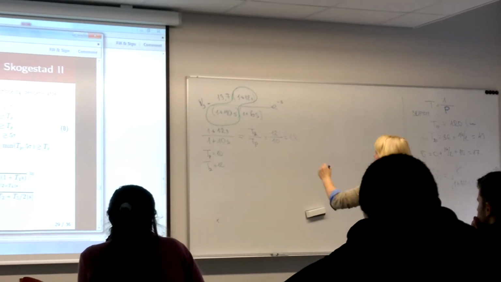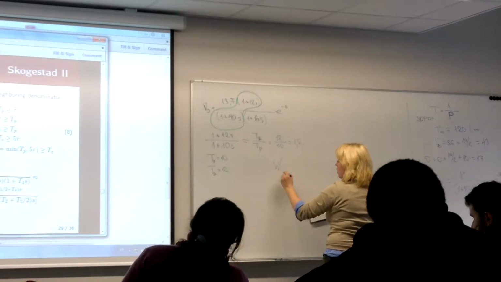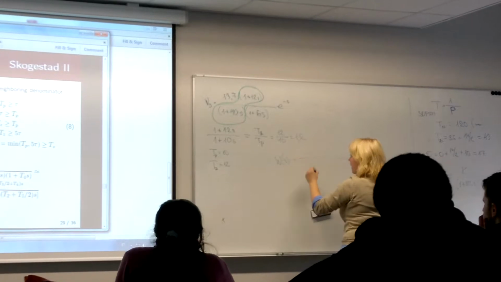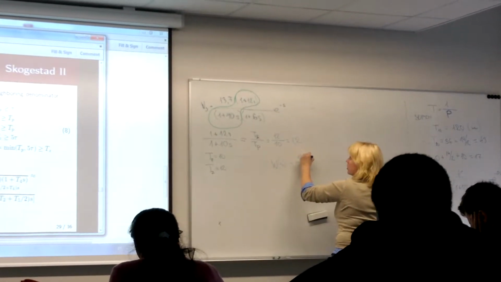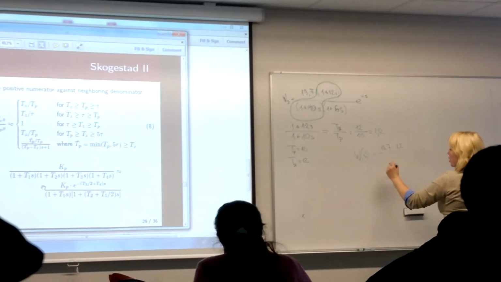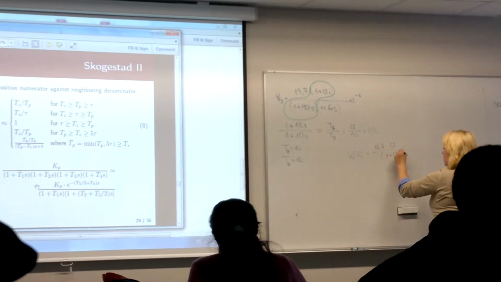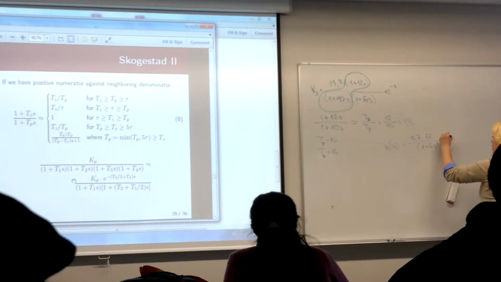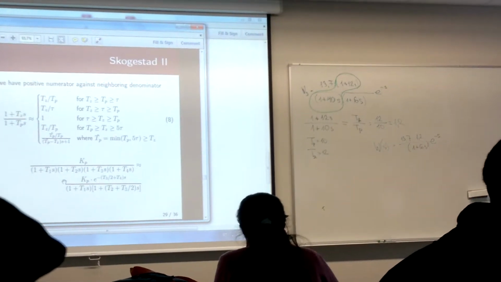So basically, that means that right now we can consider this transfer function as 13.7 multiplied by 1.2, over 1 plus 6s, and one delay.